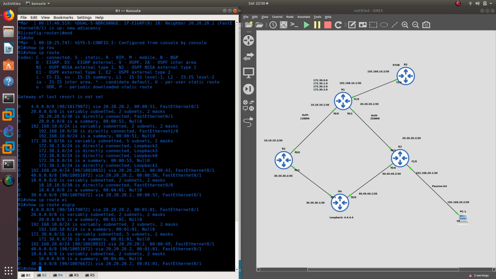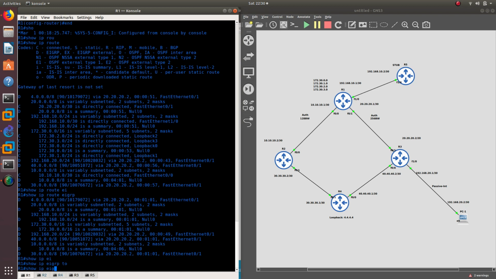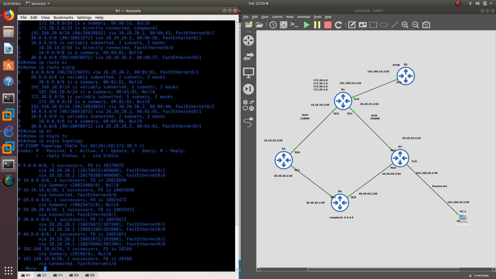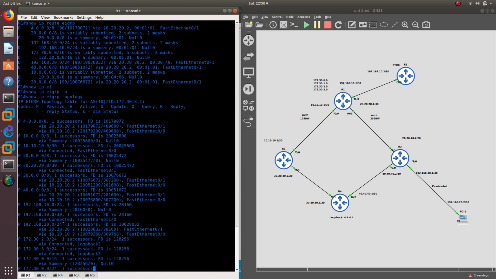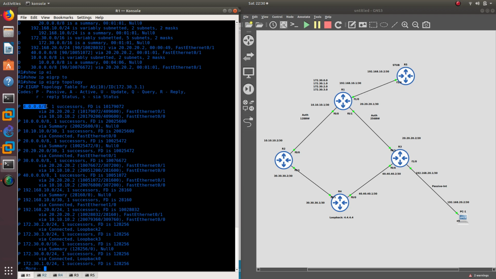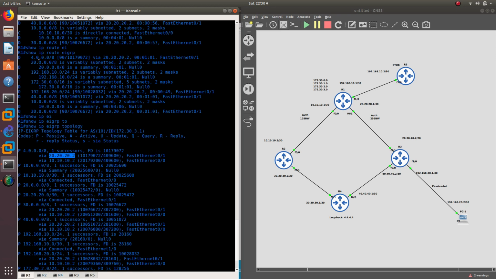And if we do a show ip eigrp topology, we can see more information about it. If you go to the 4 network, you can see that we have two ways to get there, but the best way, which is via 20.20.22, on this side, is going to be the only one showing in the IP route.